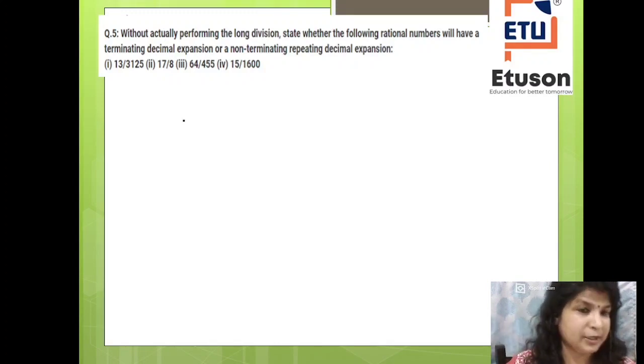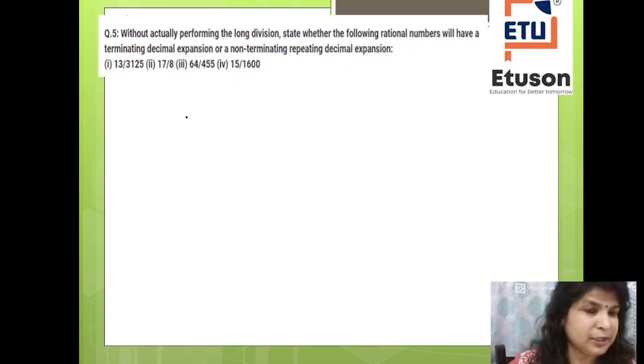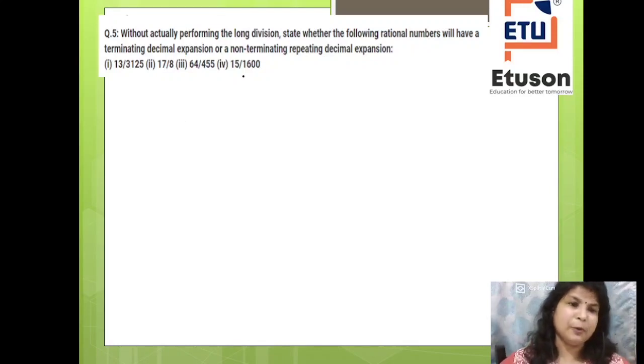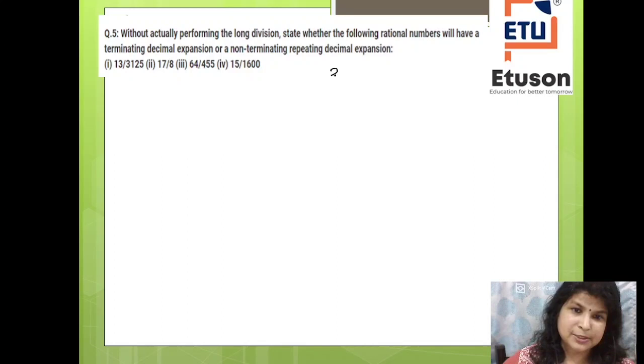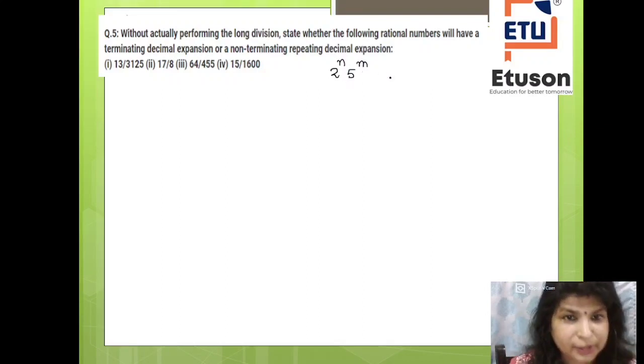You have to check only the denominator. If the denominator is in the form of 2 to the power n into 5 to the power m, then it has a terminating decimal expansion. If not, then it is a non-terminating repeating decimal expansion.